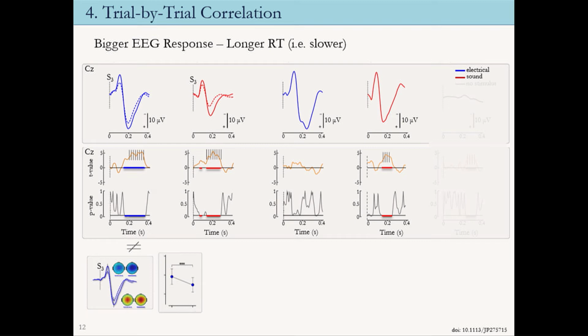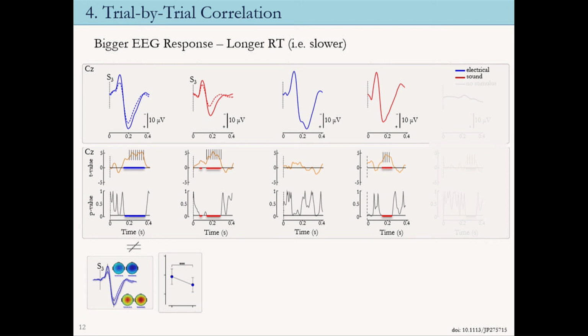Nothing modulates the EEG response. And even without this saliency modulation, we still get the same kind of positive relationship. So when this part of the EEG tends to become more positive, my reaction time again tends to become longer. So we found the same kind of relationship.